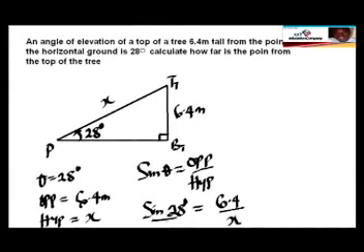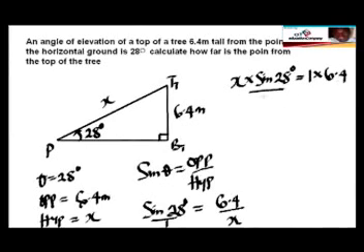Now for us to find X, we can make this over 1, so that becomes a fraction, and we'll cross multiply. And here we'll be having X times sine 28 degrees is equal to 1 times 6.4.